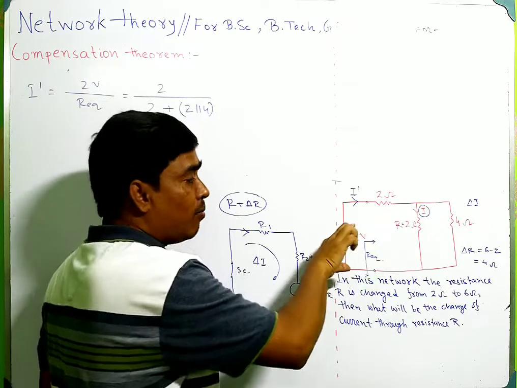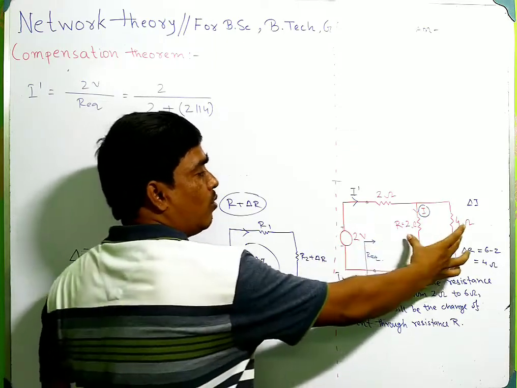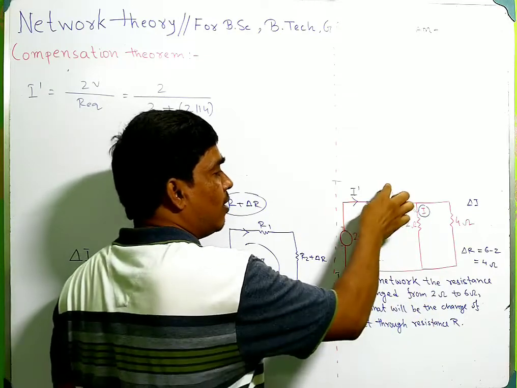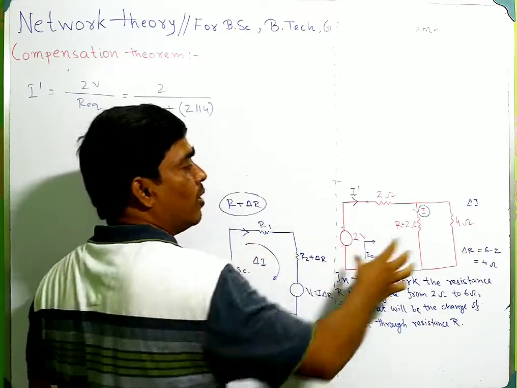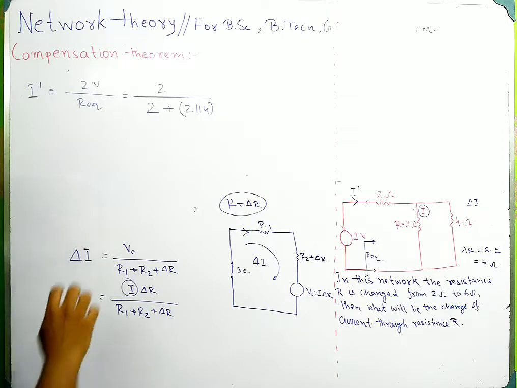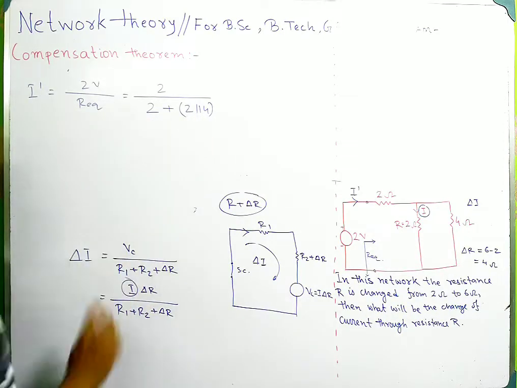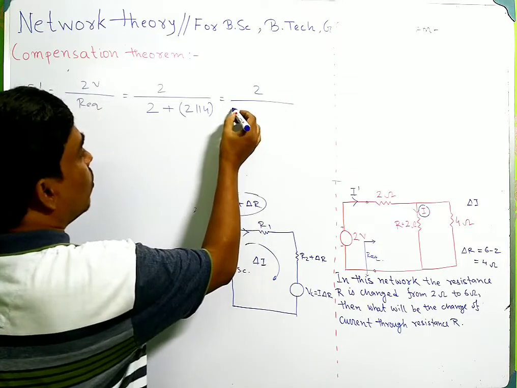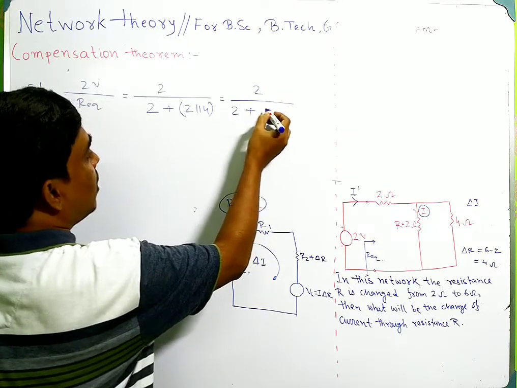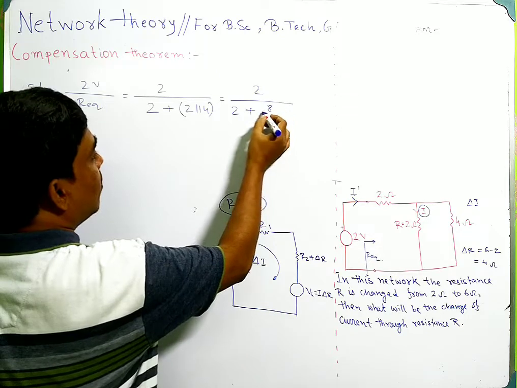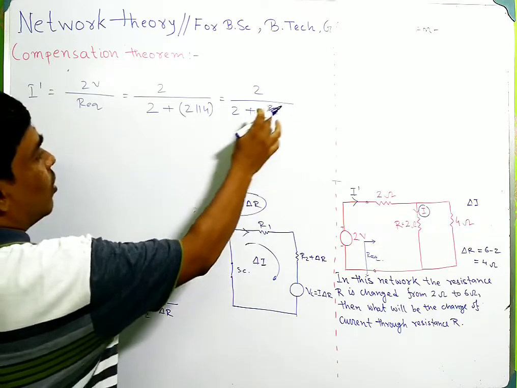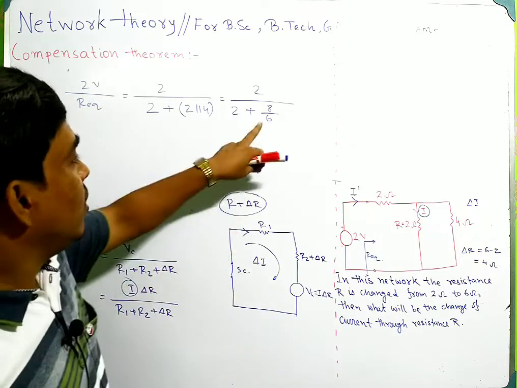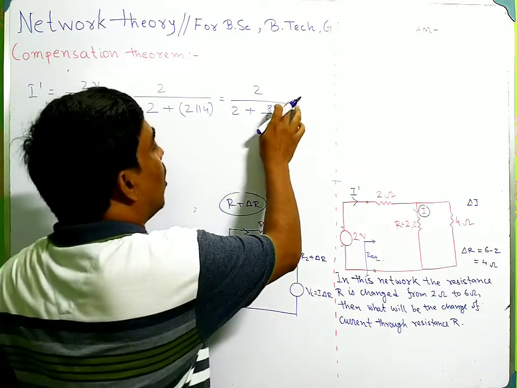Equivalent resistance from this source point: these two resistances are parallel to each other, and with these 2 ohms they are in series. So 2 plus 2 parallel 4. So it will be 2 plus multiplication by summation, that means 8 divided by 6. Upper part will be multiplication and this is summation.